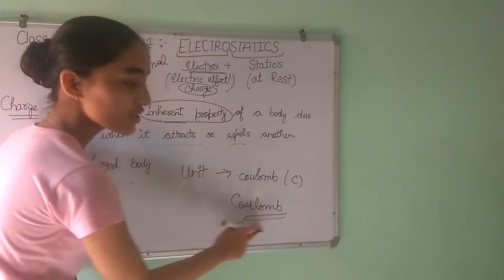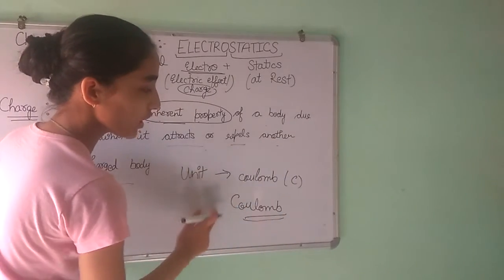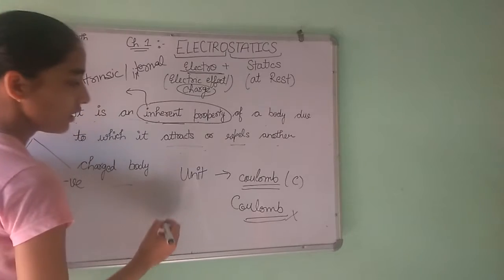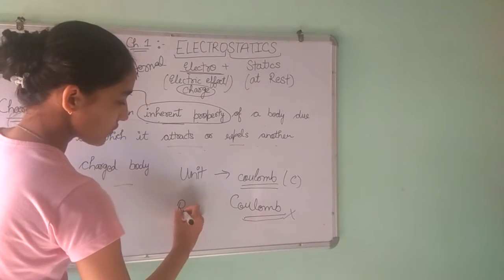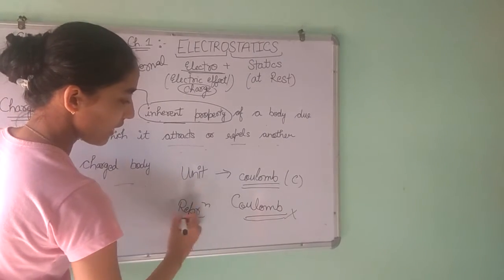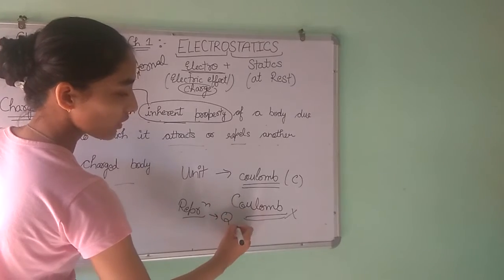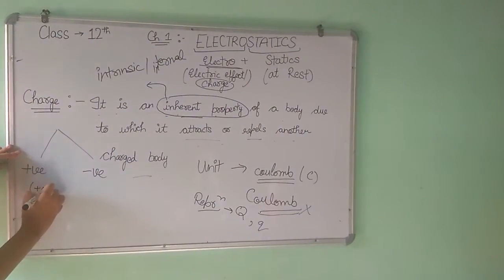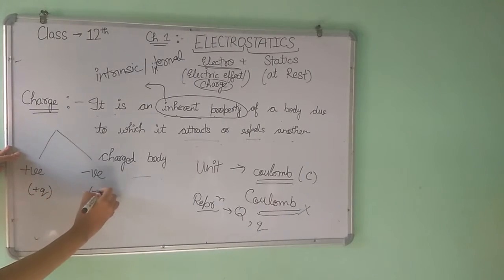This representation is totally wrong because this became the name of the scientist. So we have to write C. And the representation of charge is by the letter Q, capital Q or small q. So we denote positive charge by plus Q and negative charge by minus Q.